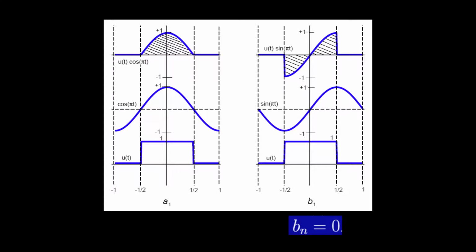This result can be anticipated because the square wave is an even function. For the product function u(t) cosine pi nt, the net area is equal to twice the area between t equals 0 and t equals positive uppercase T over 2.